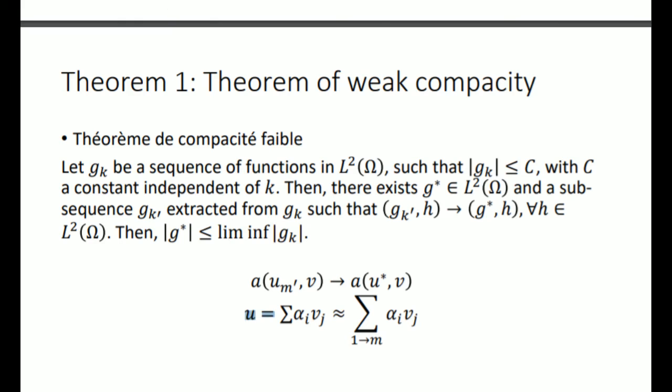So we have u that can be expressed as a sum of v_j, and v_j will represent a convergence aspect. So we have test functions that we will index with this. So instead of having one test function v, we have m test functions v. Oh, and also this should be an alpha j here.